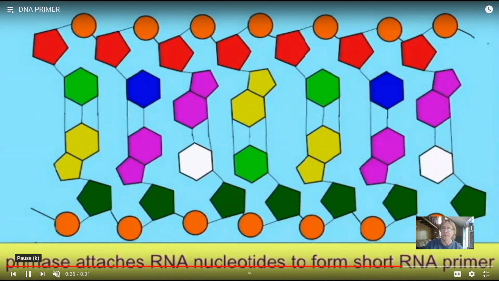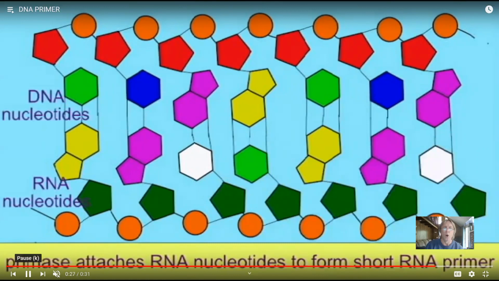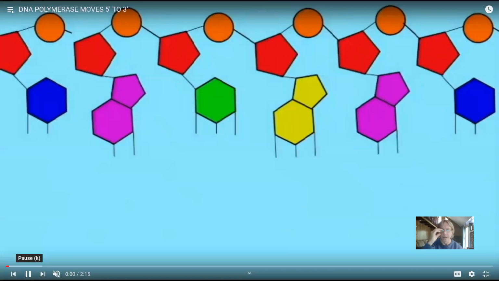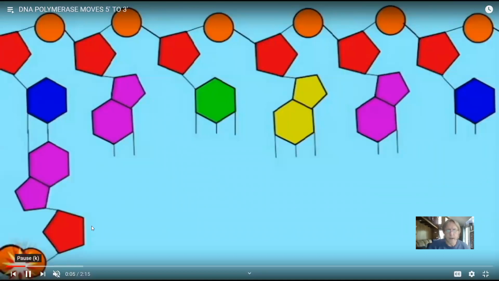Okay, so we now have RNA nucleotides composing a short RNA primer. It can vary from organism to organism, maybe 6 to 9 nucleotides, which are then used. And now we can start to add the DNA nucleotides.